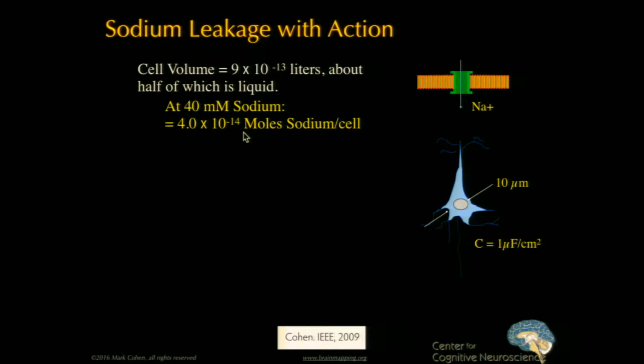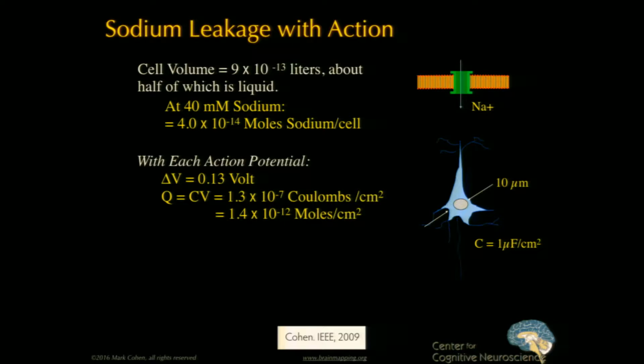The action potential changes the neuron from about minus 75 millivolts to about plus 55 millivolts, which is a change of about 0.13 volts. And you can calculate how much charge had to move based on the fact that the neuron has this membrane, which acts like a capacitor.